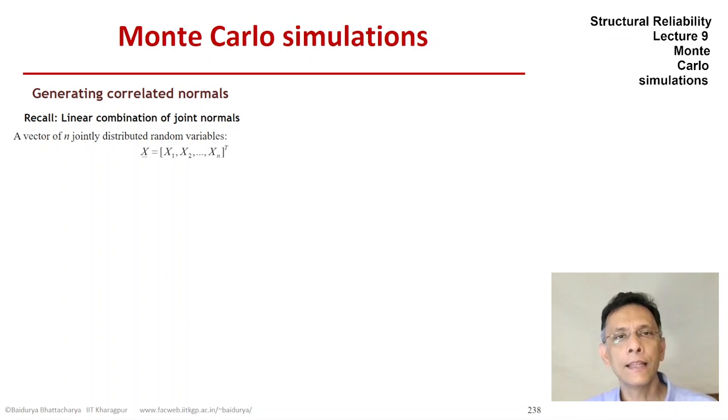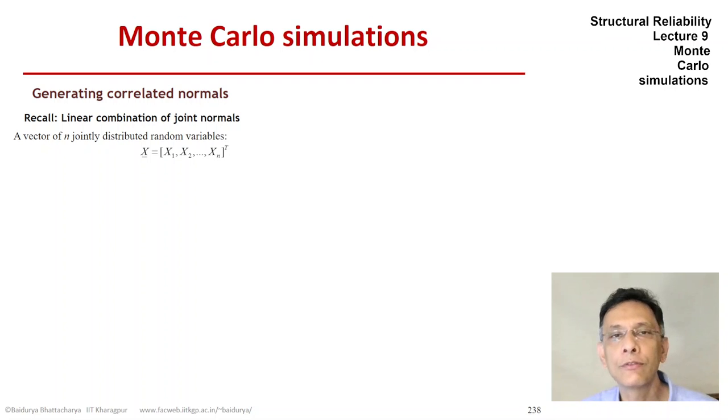So let's walk through the steps. We have seen that a linear combination of joint normal random variables is again a set of joint normal random variables.